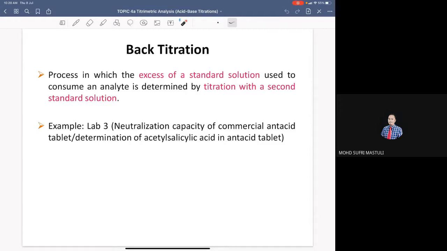In the first titration, we add an excess amount of standard solution. Why standard solution? Because we know the concentration. And then the excess amount of solution will undergo a second titration by using another second standard solution.